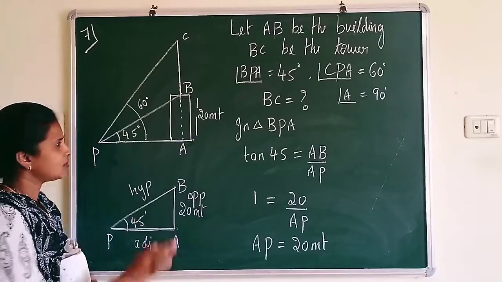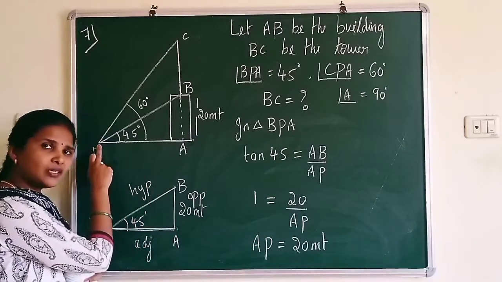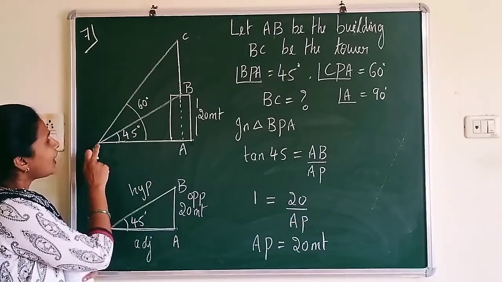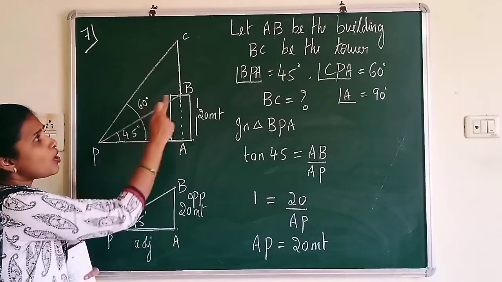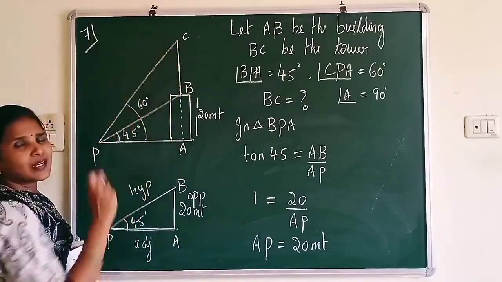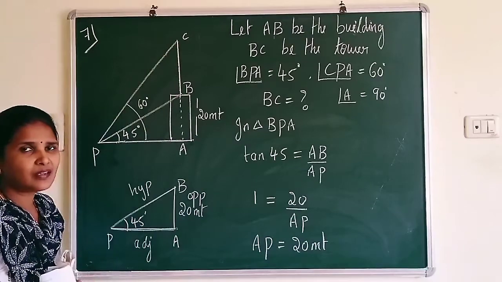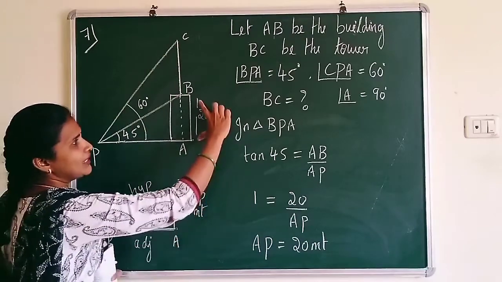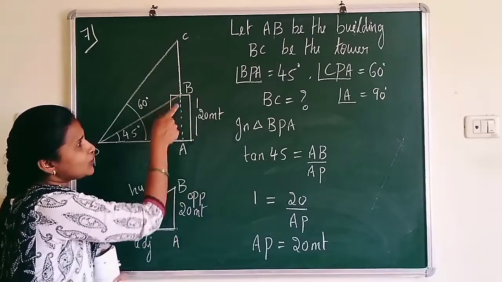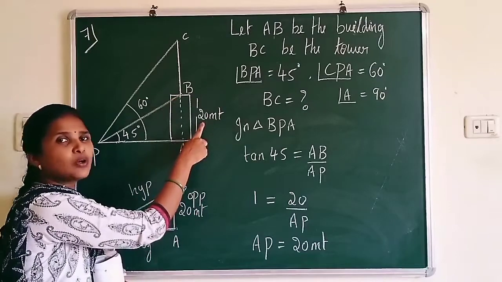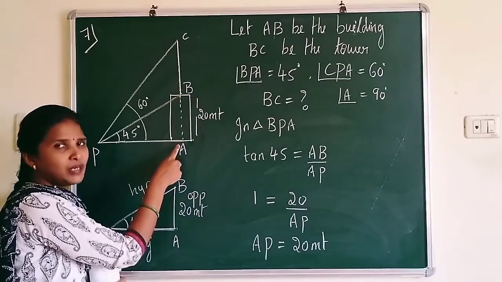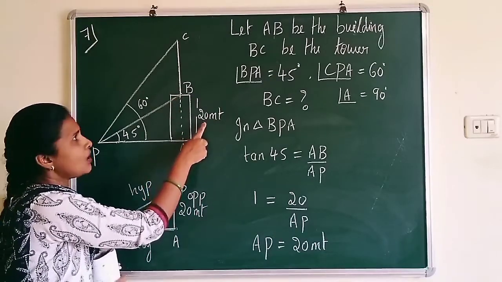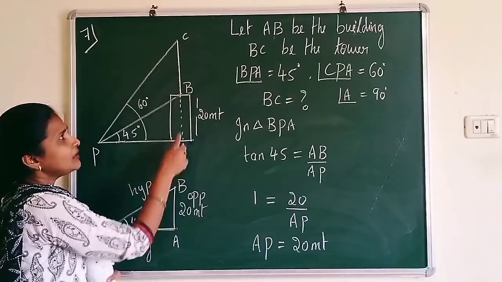Make this clear. Now P is a point on the ground and the angles of elevation of the bottom and top of a transmission tower. Try to understand, there are two things here. One is the building. AB is the height of the building, which is a 20 meter tall building. On the building there is a tower.